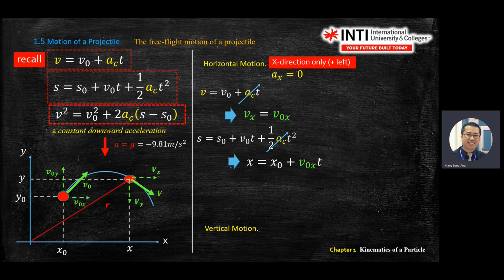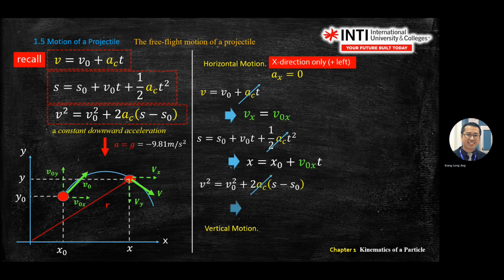You look at the third one, same. a is 0, so this term is 0. You take out the square. It basically proves the first equation in the green here. You get the same equation, this one equal to this one.